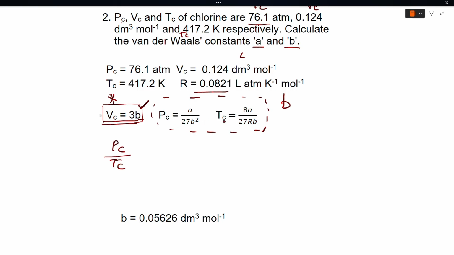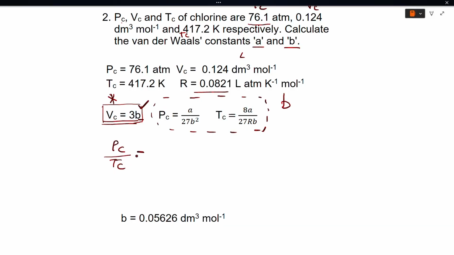So, I can get B, and here you can cancel the terms A. The remaining van der Waals constant by taking the ratio will only be B, and therefore we can calculate B from that relationship. So, PC is equal to A by 27B square. Now, divided by TC means divided by 8A by 27RB, which goes to the numerator. So, that will be 27RB.